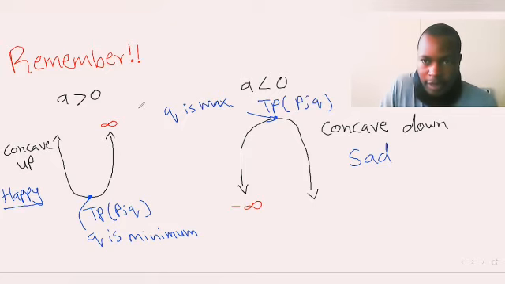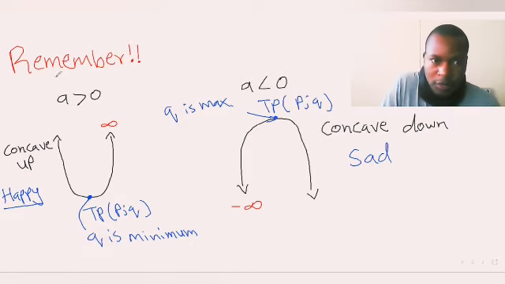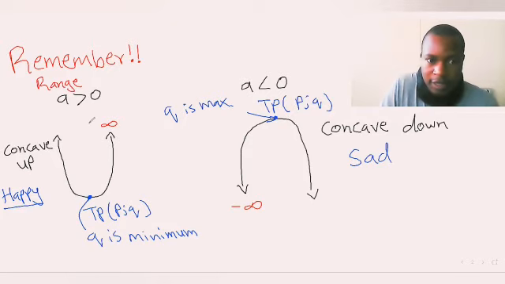So now you can then write your range. So remember again, the range would be the lowest y value to the biggest y value. For a is greater than 0, so that's a positive a, you can then write your range as the smallest value, which is the q, the minimum. So that would be included, square bracket.